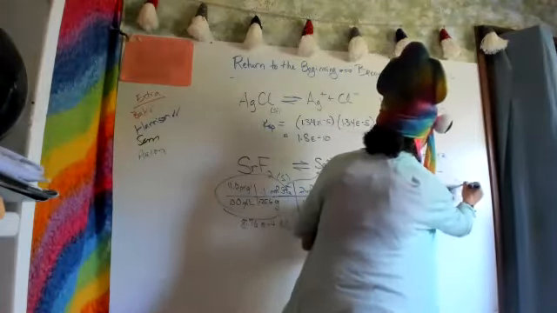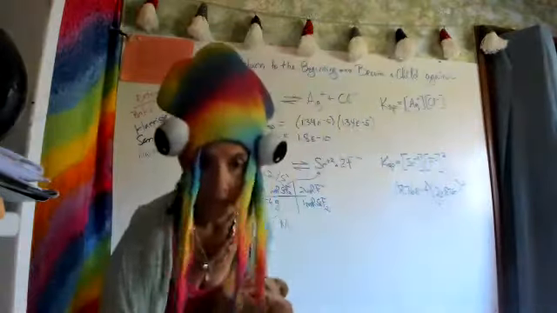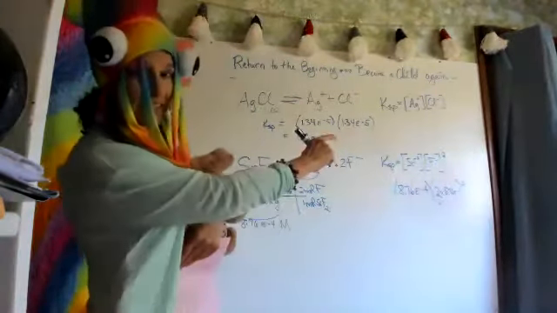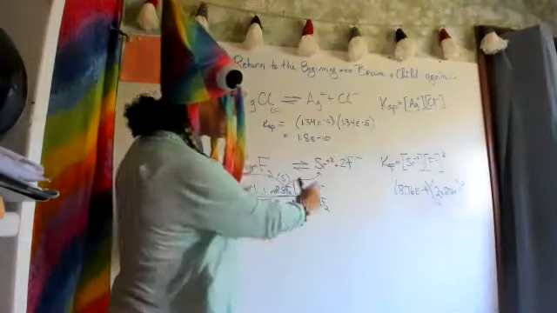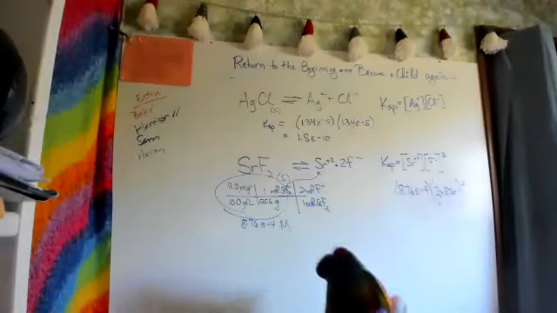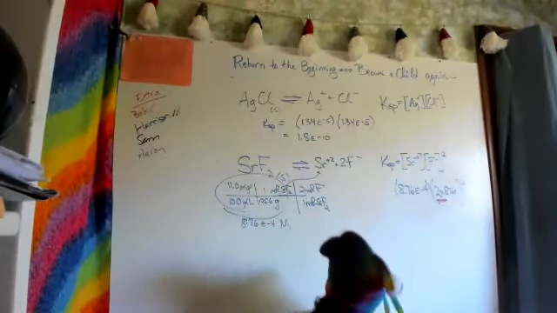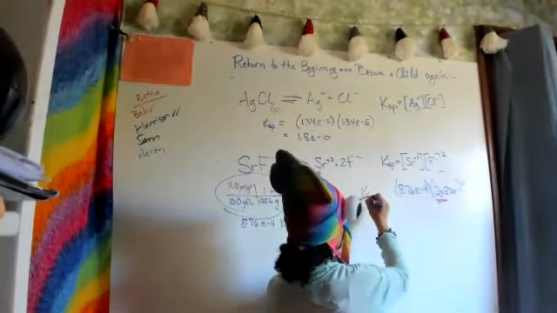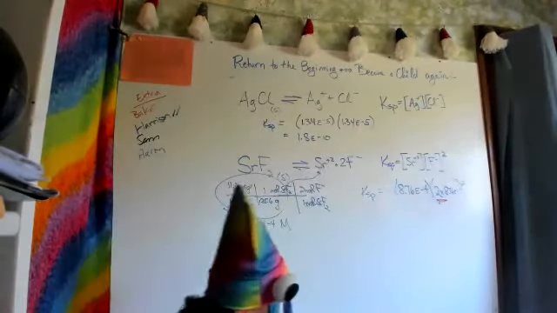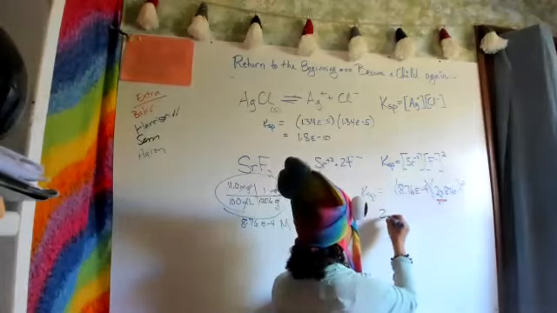Not only do I double it, I square it, because that's part of the Ksp. So you double it to find the molarity. That's what my 2 here is. So I'm doubling it, and I'm squaring it. And that will give you my answer, 2.69 e to the negative 9.